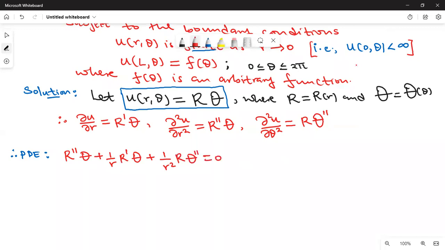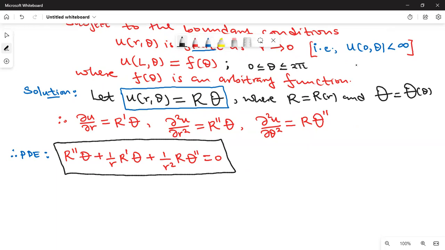So remember, this is now a separable ODE. So let me bracket it. So this is a separable ODE.